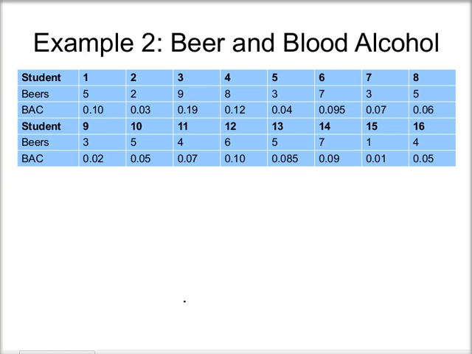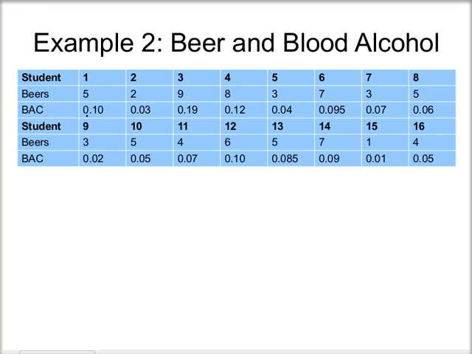So let's look at an example of actually calculating the correlation. So here I've got my beer and blood alcohol example again. I've got this chart where each student was given a certain number of beers. The first student was given 5 beers, and after they drank the beers, their blood alcohol content was measured.